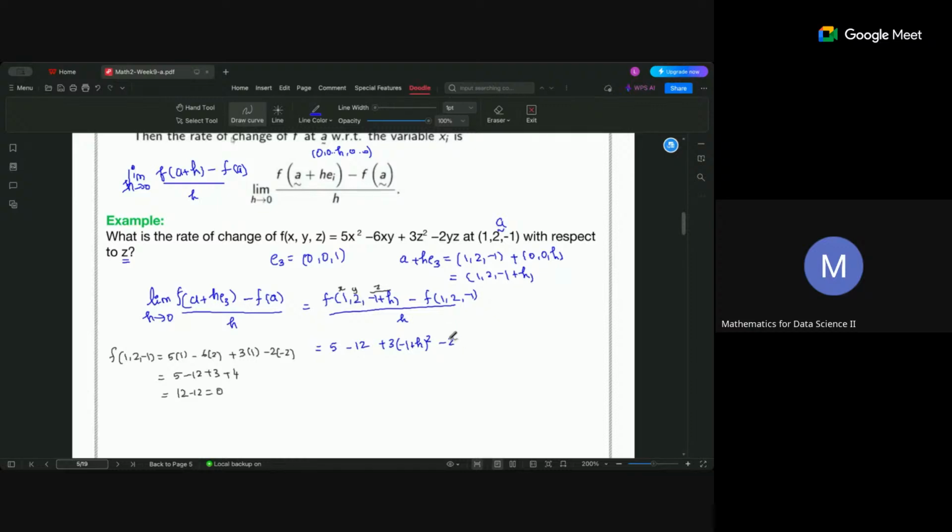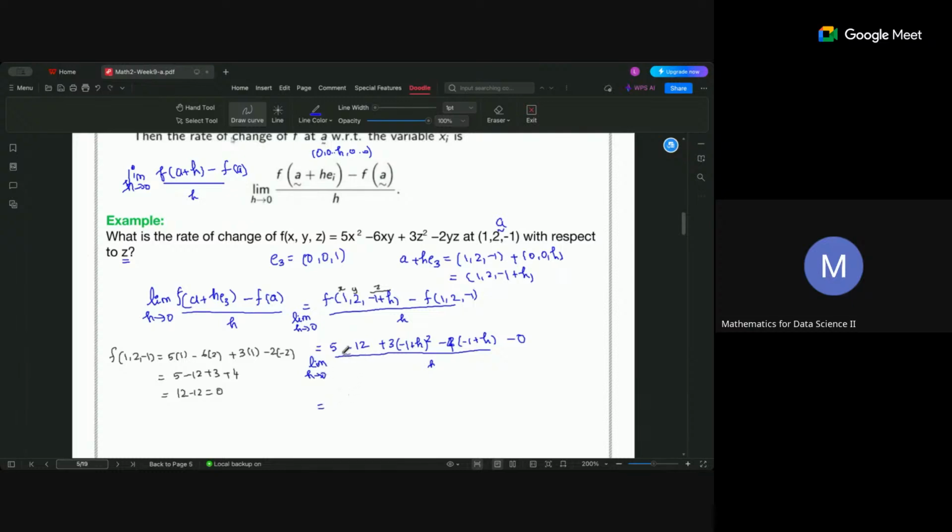Your y is 2, so multiply it, it becomes 4 times (minus 1 plus h), minus 0, divided by h. I forgot the limit, so limit h goes to 0 here also.